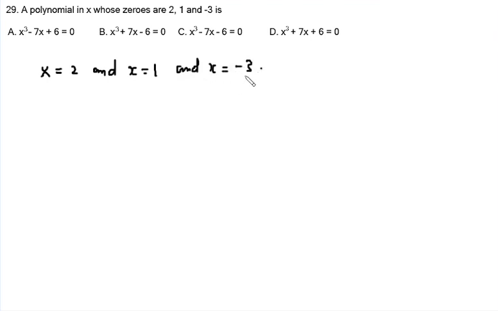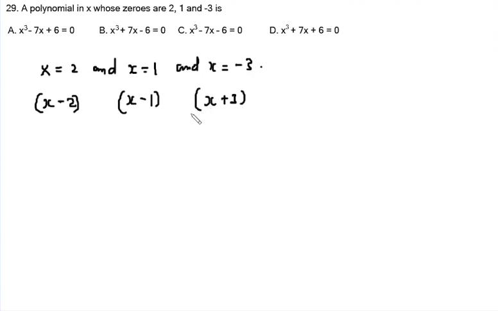From these zeros, we can easily get the factors of the polynomial. Moving terms to the other side, x minus 2 is a factor, x minus 1 is a factor, and x plus 3 is a factor.